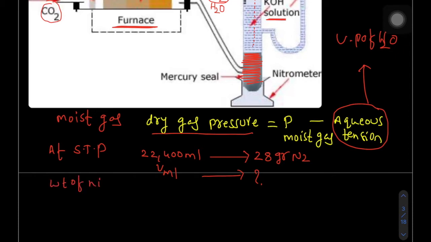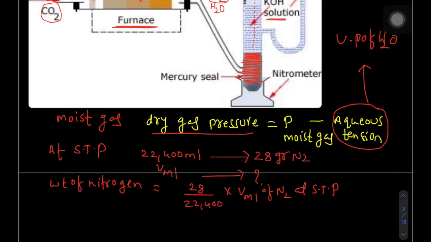So here we can calculate the weight of nitrogen: 28 divided by 22,400 ml into the volume of nitrogen at standard temperature and pressure. Now this is the weight of nitrogen.